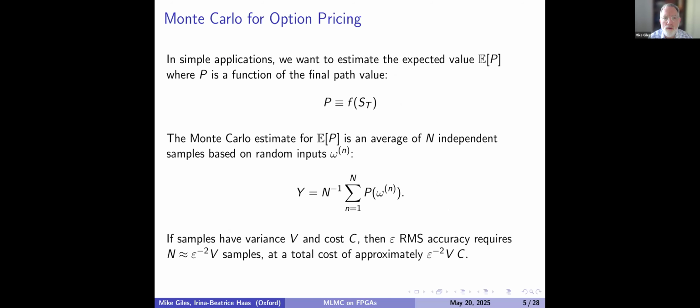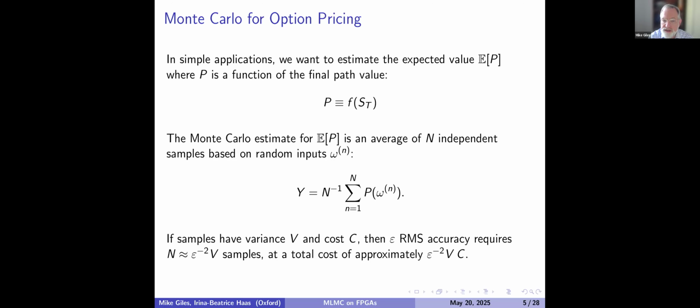We're then, in simple applications, interested in the expected value of some payoff function, capital P, which depends on the state of the path at some final time, capital T. And for a simple Monte Carlo estimate, we would simply do N independent path simulations using different random numbers for each of the time steps, and then take an equally weighted average of all N simulations.